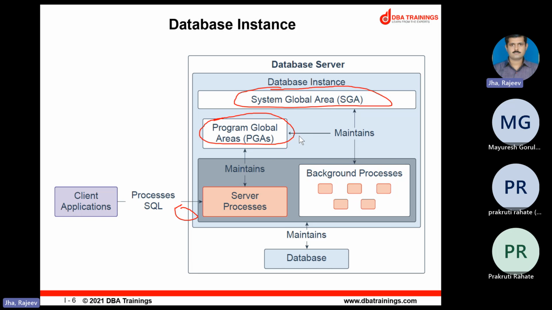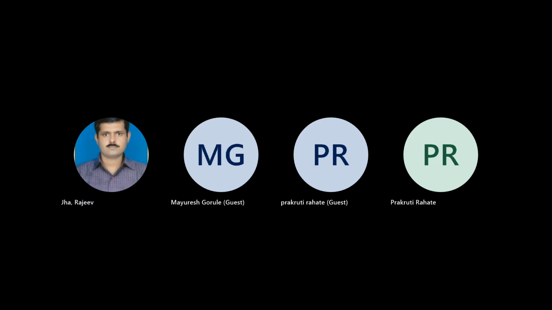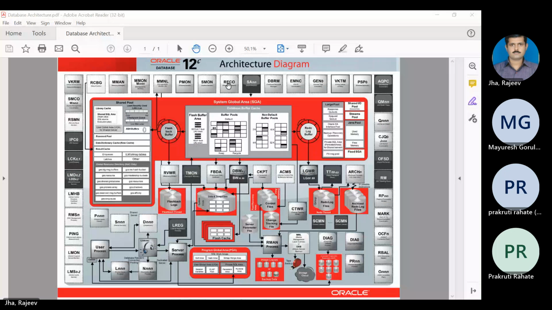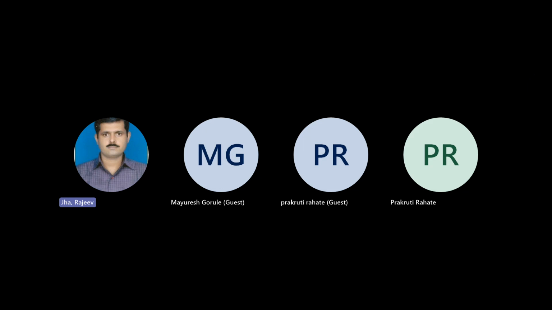If you remember, we talked about several background processes which are used for different purposes. Here you can see we have RECO, SMON, PMON, MMNL, MMON and so on. We will discuss internally how these can be used in my environment, so that we get a clear idea.